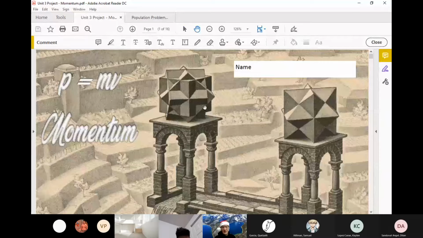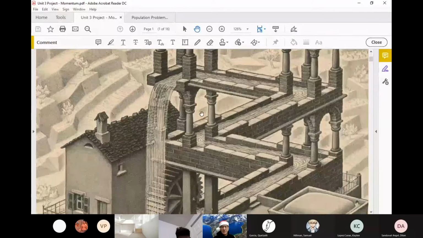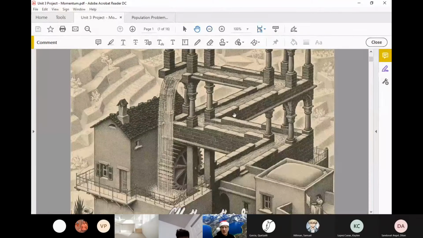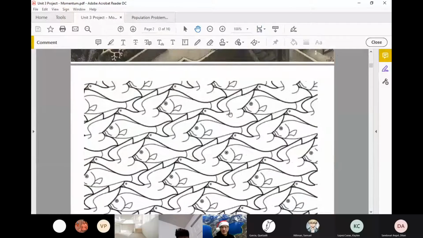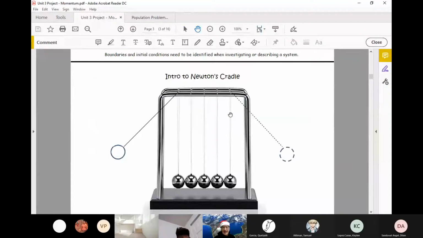So we started by looking at a little artwork by M.C. Escher, this mathematical art. Pretty incredible stuff. Then we did the lab with Newton's cradle, and we're going to do some referring back to Newton's cradle today.